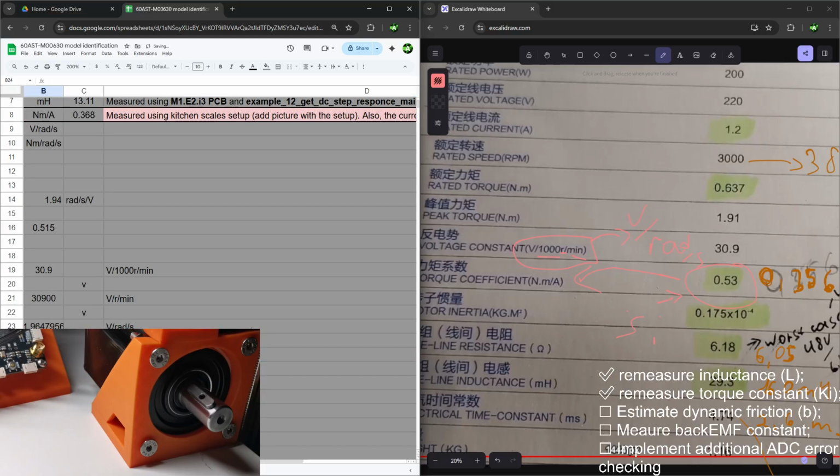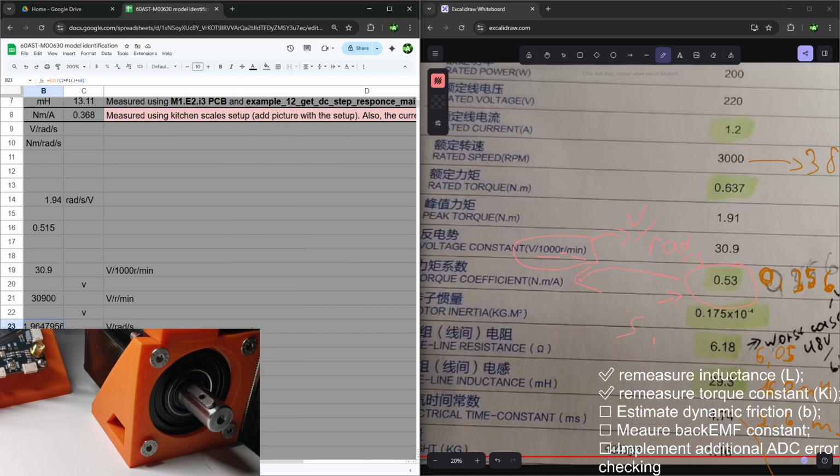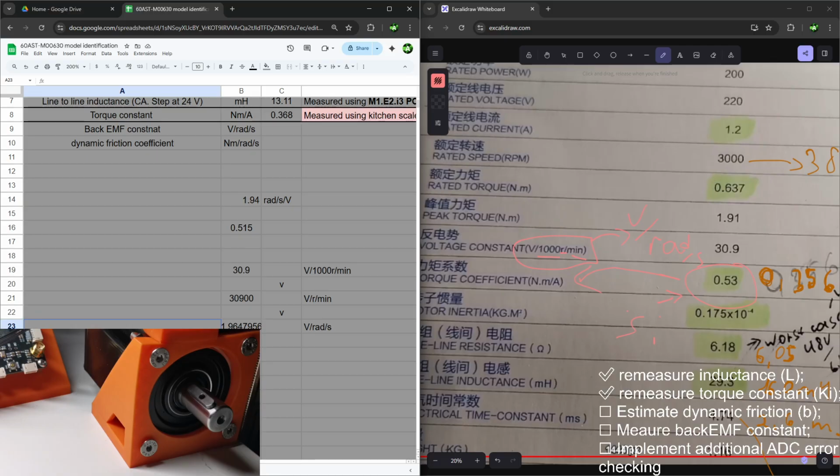Okay. And this number... What the hell? This number looks exactly like this number, but this is probably a coincidence. Right? What is going on? What is even this number?